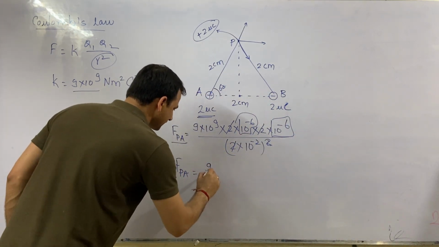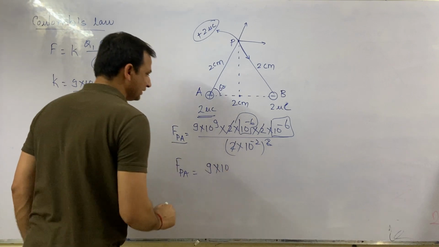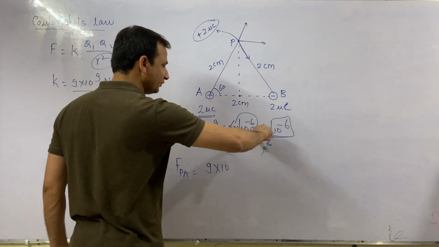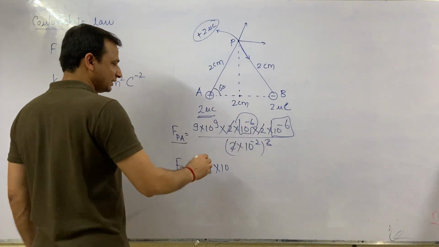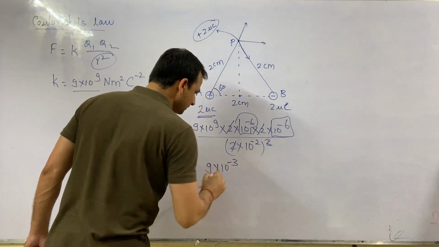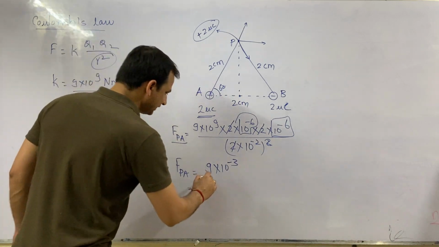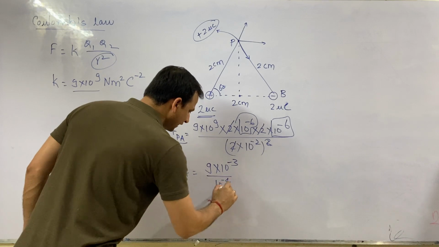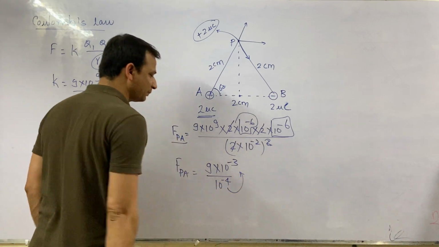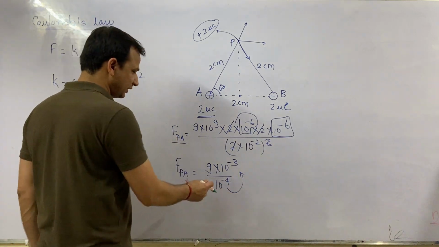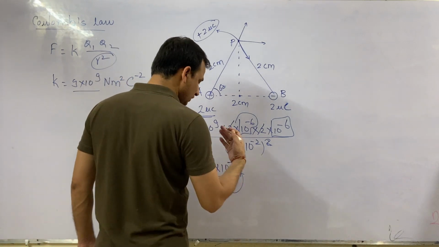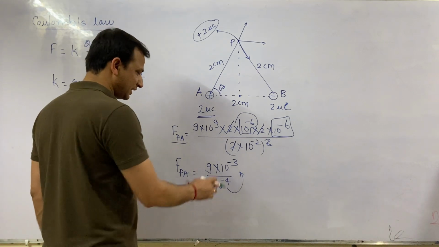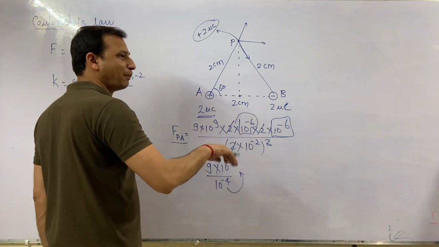So I can write here 9 into 10 power 9, 10 power minus 6, 10 power minus 6. If we add all, we will get 10 power minus 3, and divided by 10 power minus 4. And 10 power minus 4 in the denominator becomes 10 power plus 4, which gets added with 10 power minus 3.